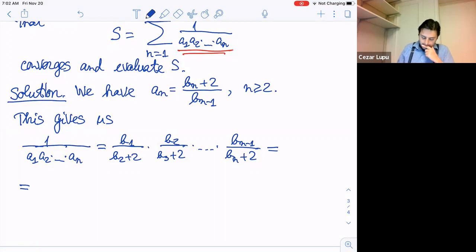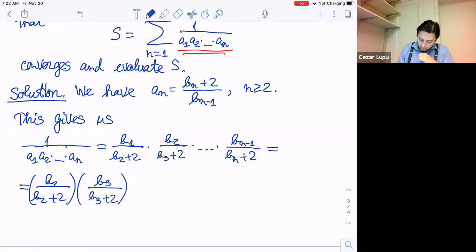So I can write this in the following way: B2 over B2 plus 2 times B3 over B3 plus 2, so I'm just going to group them like this, and I'm going all the way to Bn minus 1 over Bn minus 1 plus 2.